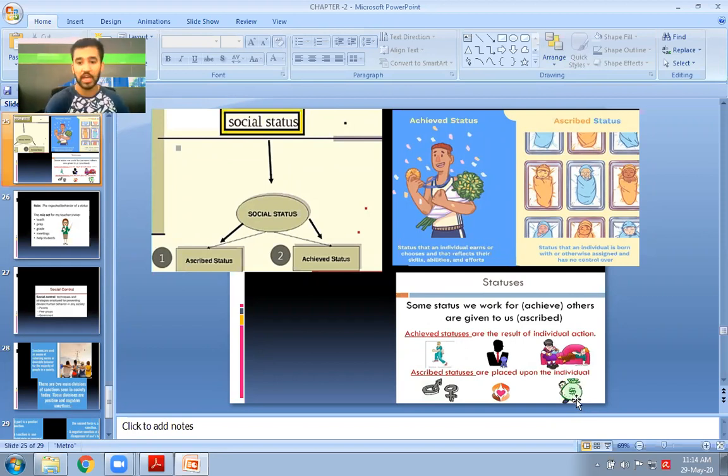That's what ascribed status is all about. And achieved status is the result of individual action. There are certain roles that are attached to every status, right? So that was what the concept of status and roles was all about.